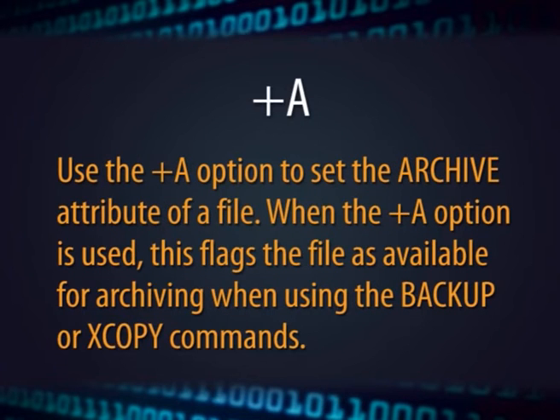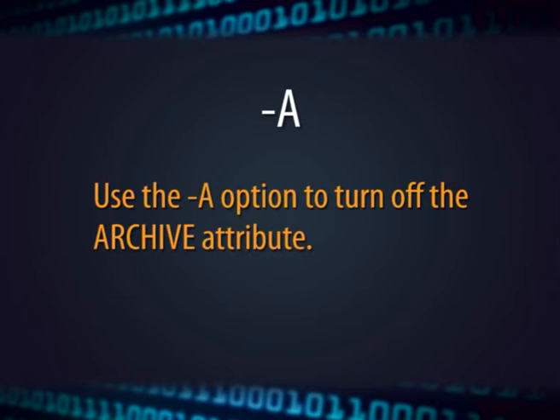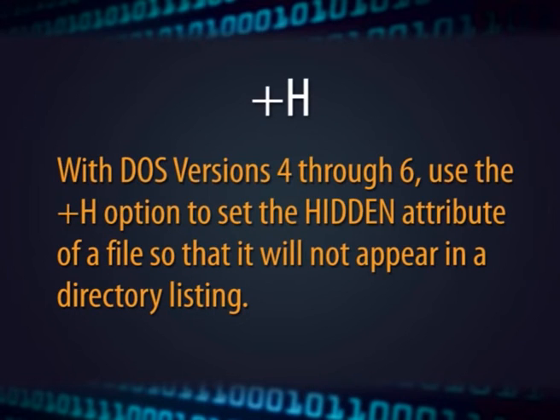Next syntax is +a. The +a option is used to set the archive attribute of a file. When the +a option is used, this flags the file as available for archiving when using the backup or xcopy commands. -a. The -a option is used to turn off the archive attribute. +h.